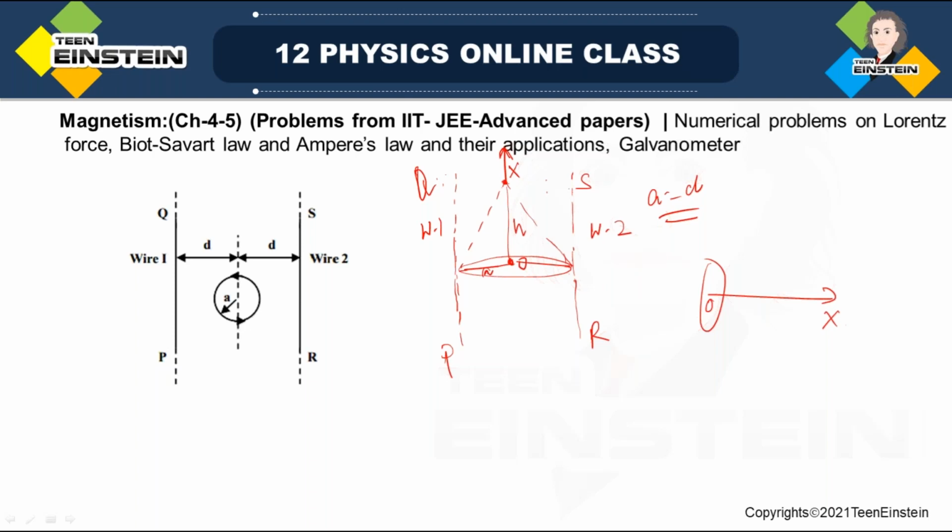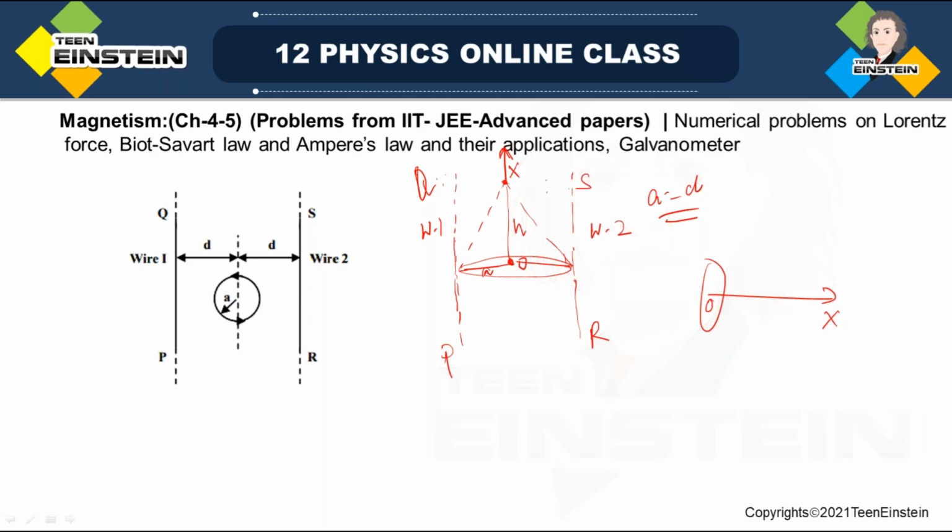Wire 1 should actually carry current such that, at this position, the magnetic field due to it is in this direction. If we use the Biot-Savart law, suppose this distance is R, and from here also this distance is R only.